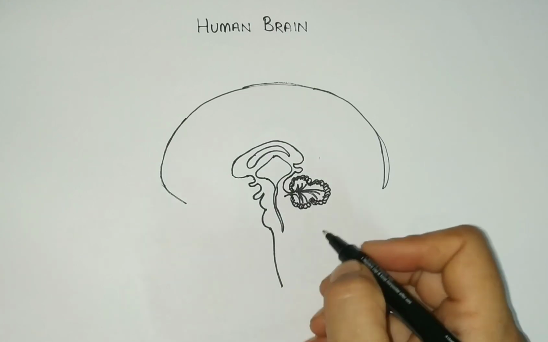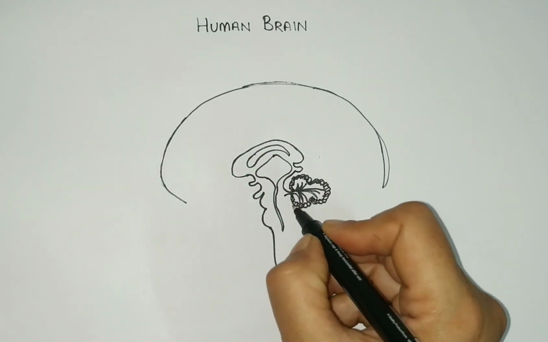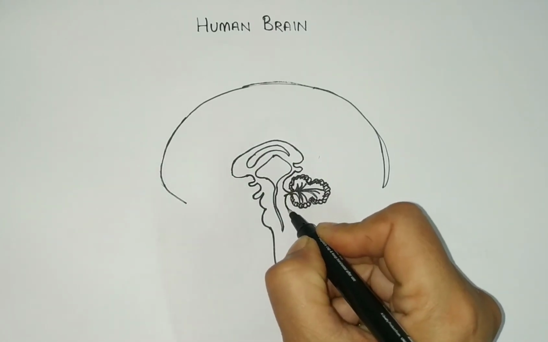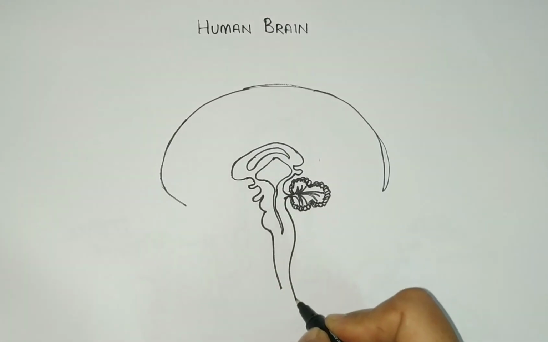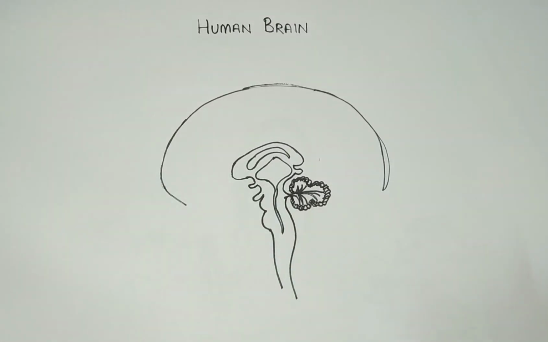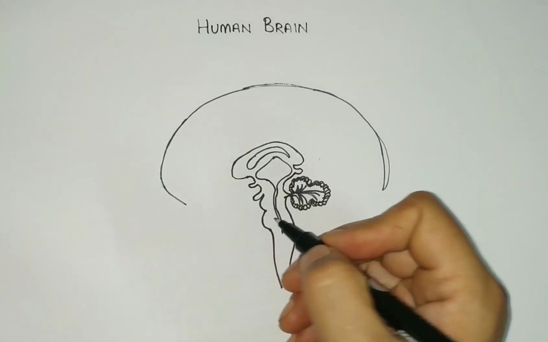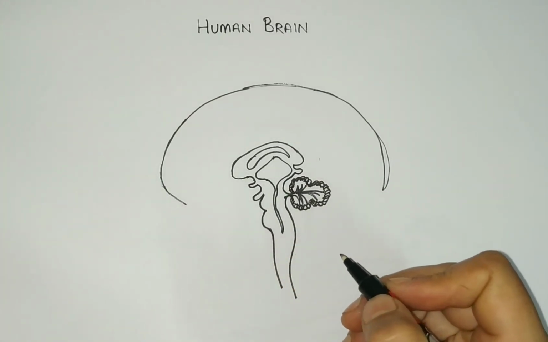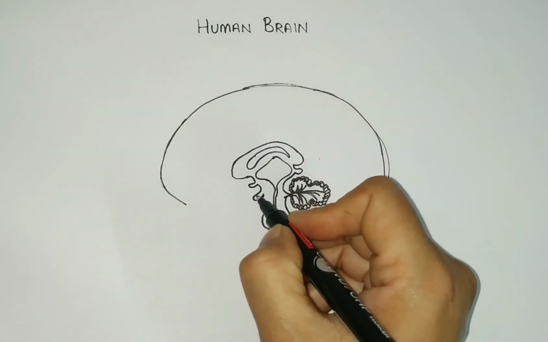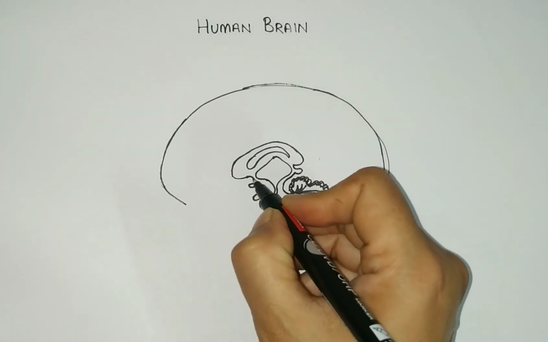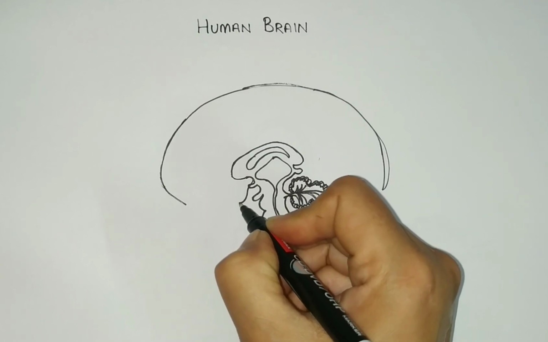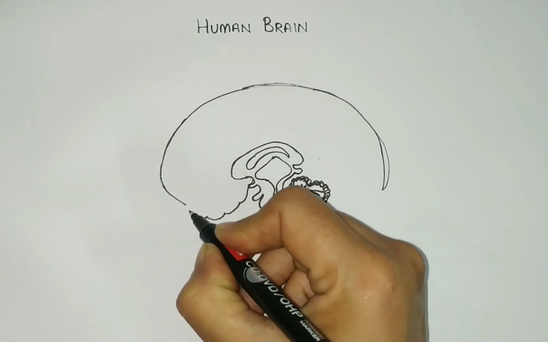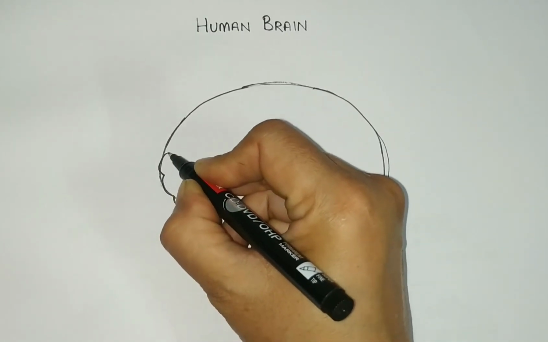Now, after completing this much, we will again make the tail come down. Now comes the next part and the biggest part of the brain. So from here, the wavy structures which we have made, we will make a cloudy structure within this semicircle.